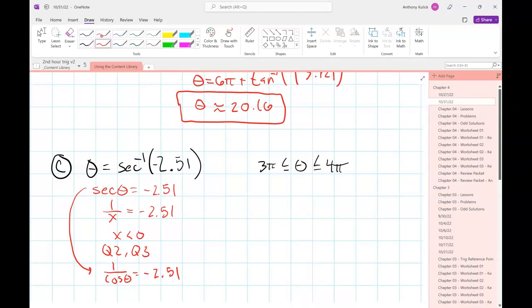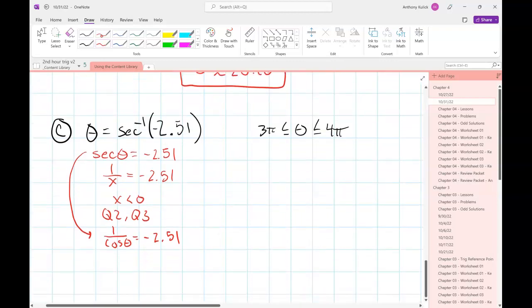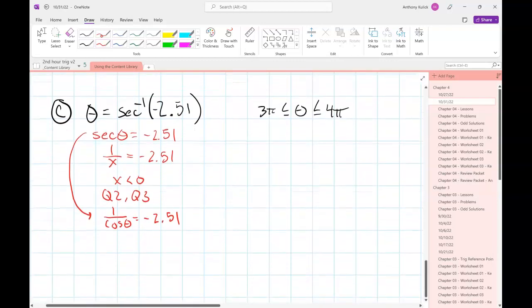So here's the trick. I'm going to think about secant as 1 over cosine. Remember that secant and cosine were reciprocals. I might, on my note card, want to write down those reciprocal relationships again. Secant and cosine are reciprocals, sine and cosecant are reciprocals, and tangent and cotangent are reciprocals. That might be something good to remember.